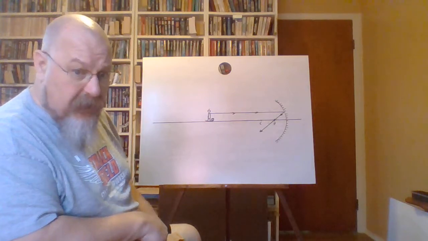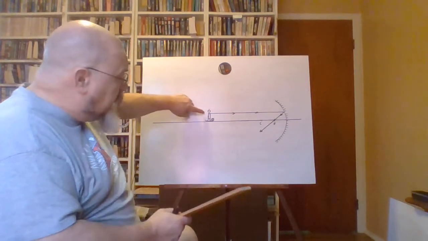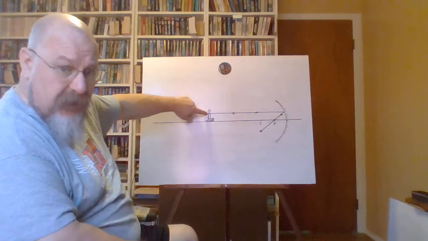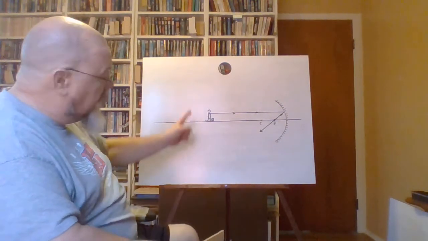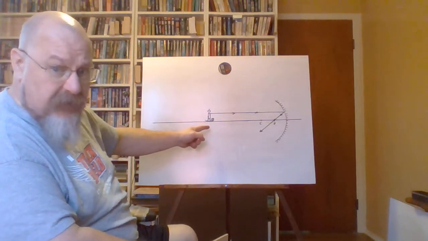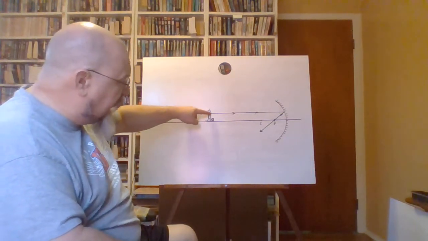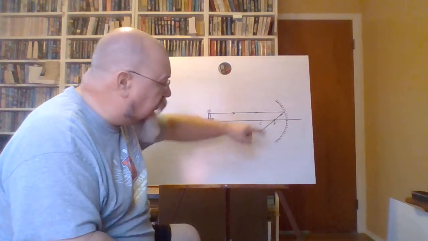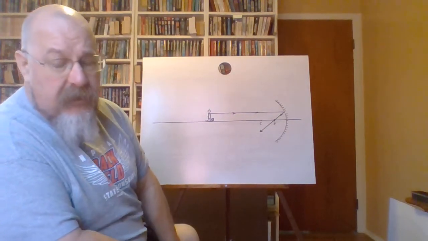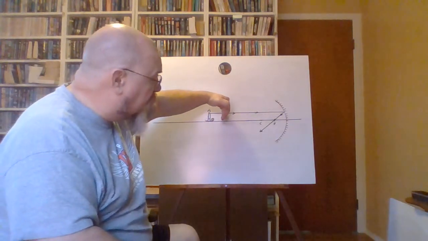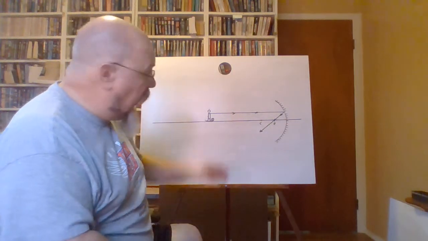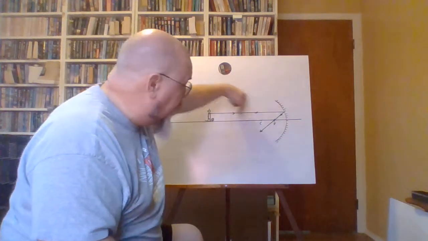Okay, now, from the same point on the object, another light ray that represents that point on the object, because this is a diffuse reflector, is coming out and passing through the focus point. Interestingly enough, the other way you could think about this is the spherical wave front that's going out from this. And part of the spherical wave front is parallel to the principal axis.